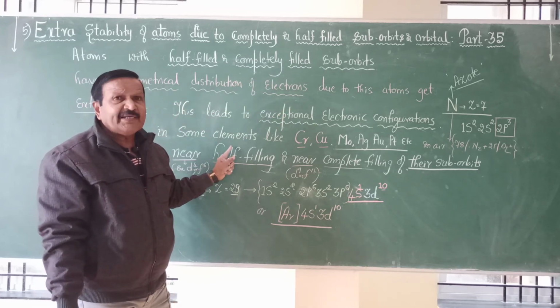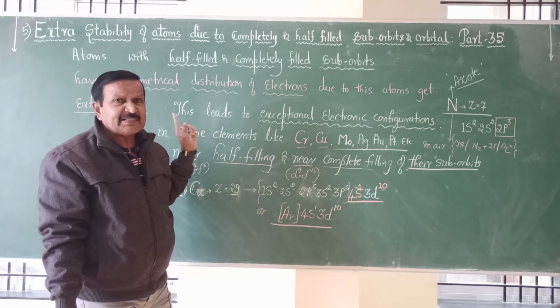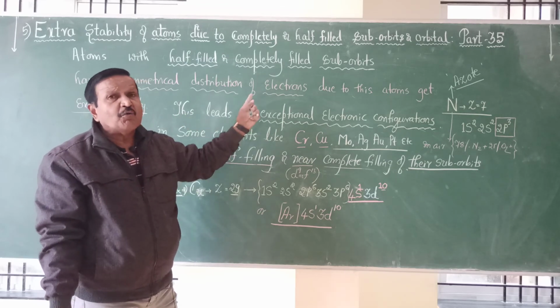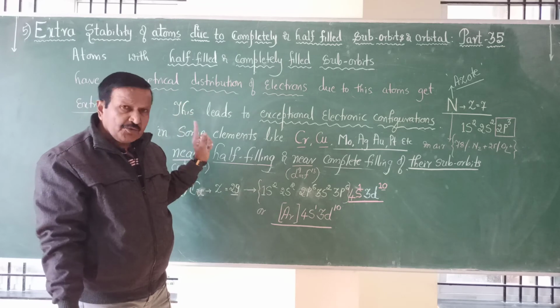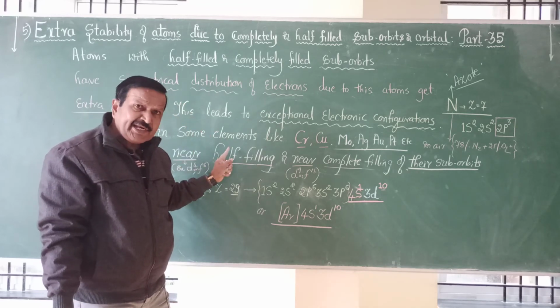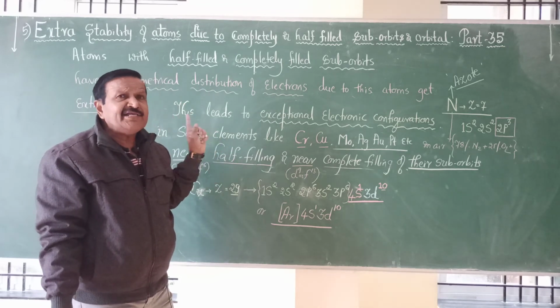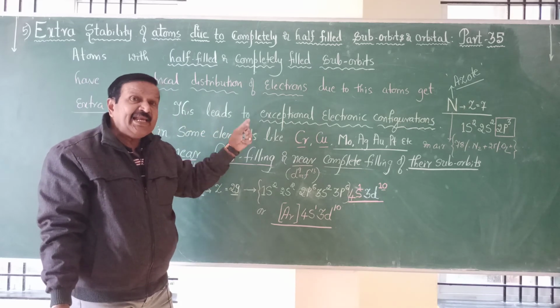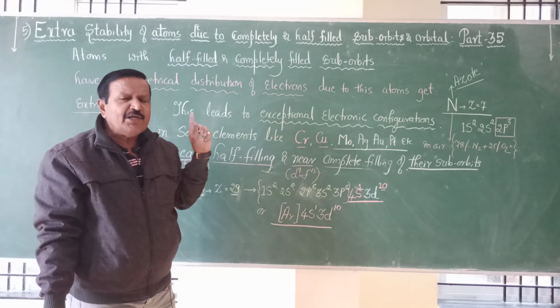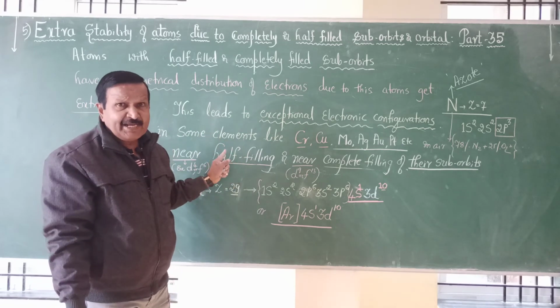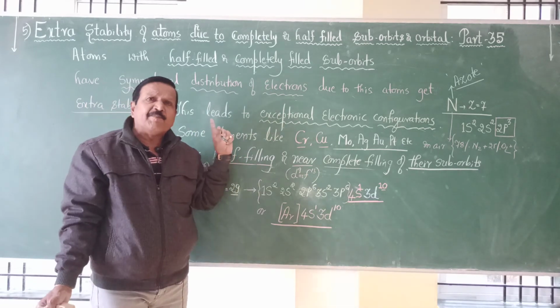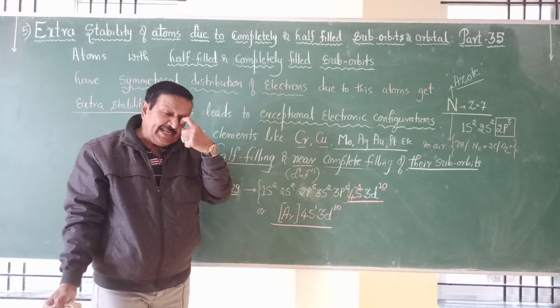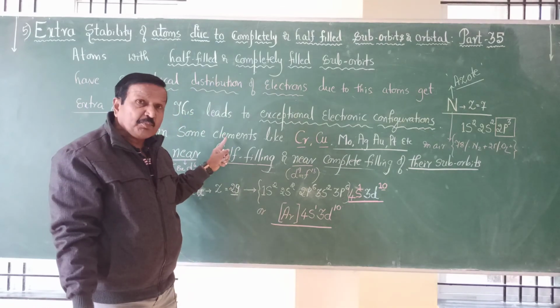So first the degenerate orbitals must be filled singly. If they have degenerate orbitals, every degenerate orbital must be occupied by a single electron first, then only you have to think of pairing. And hence in case of p orbitals, the fourth electron coming to p is going to pair.